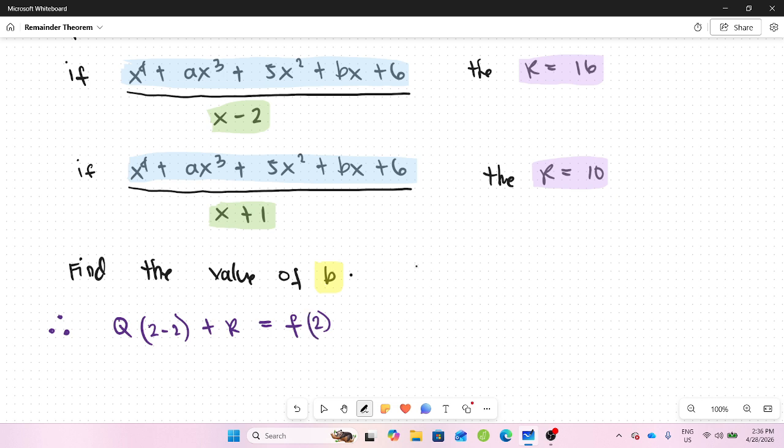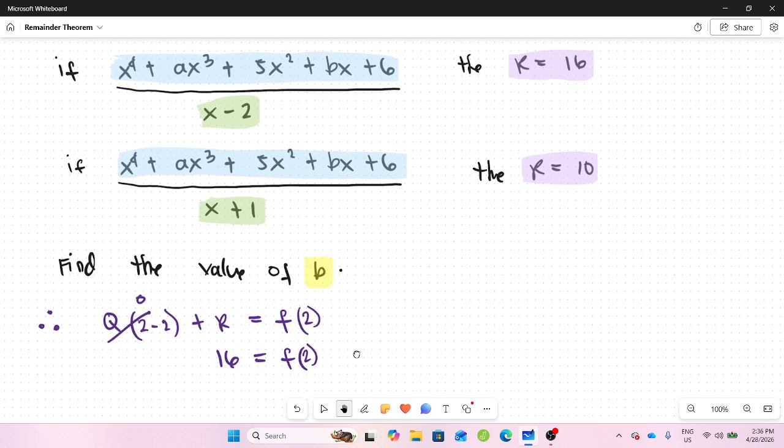We are given that the remainder here is 16, so this ends up to 0. We are left with 16 equals f of 2. That's for the first condition.